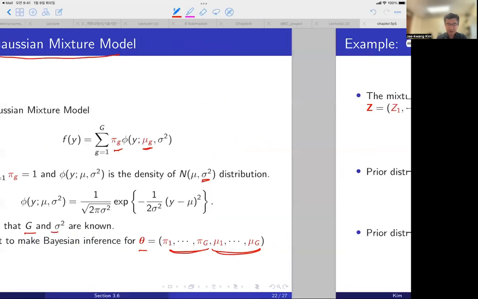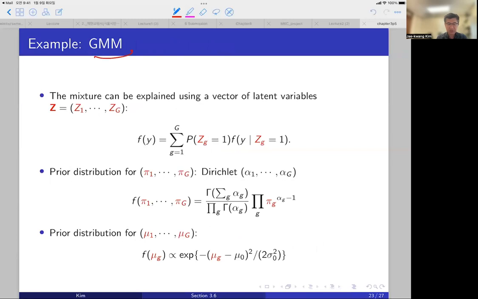We already covered that the Gaussian mixture model can be explained by using a vector of latent variables. So let's use z. Each component of z is just binary, either 1 or 0, but the sum over g should be 1, because each element belongs to one and only one group.